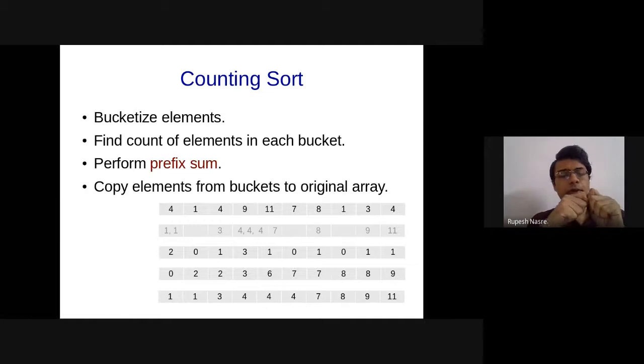So you made one pass over all the n elements and incremented the bits to 1 at certain locations in the hash table, using only the identity function as the hash function. So if the element is I, I'm incrementing array of I. Then I make a pass over the whole array and I get a sorted order.